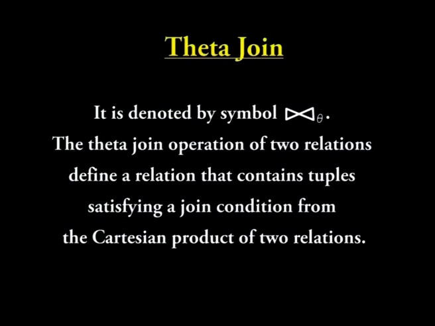First is theta join. This is the most common type of join. It is denoted by the symbol theta. The theta join operation of two relations defines a relation that contains tuples satisfying a join condition from the Cartesian product of two relations.